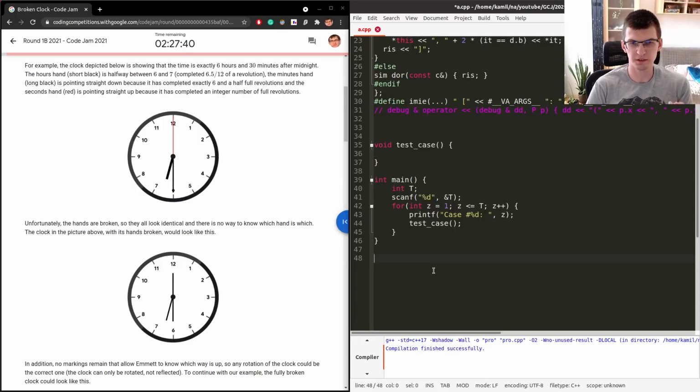Maybe I can get something from the distance between seconds and minutes. Without any rotation, what that is. There is a number of seconds from 0 to 60.